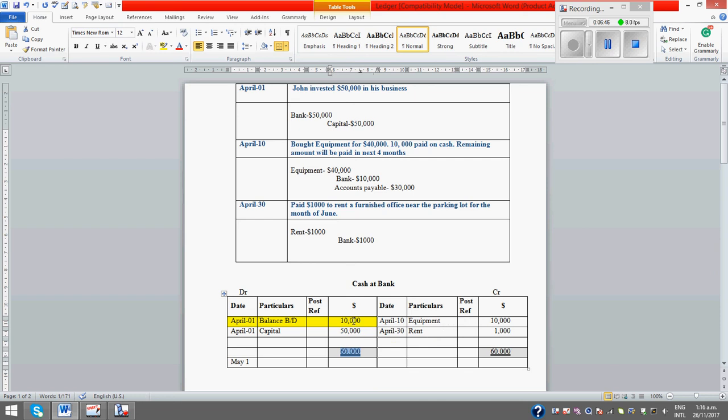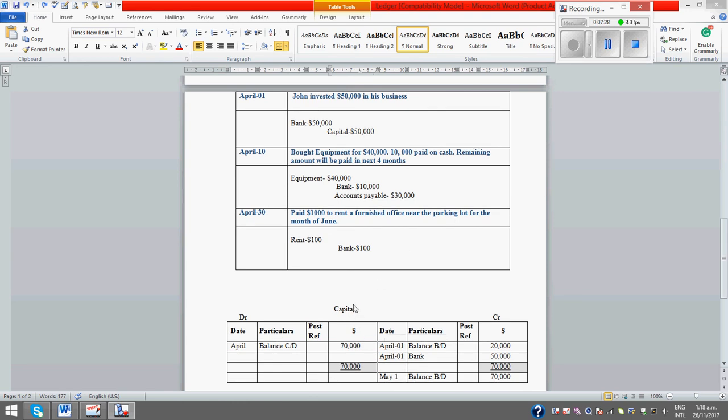So 50,000 plus 10,000 is 60,000, then you just copy to the other side, 60,000. And then the difference would be $49,000, which is on your credit side. This $49,000 would be carried down to the next month. So next month is May. So 1st of May, balance BD, brought down $49,000 from last month. So that balance CD will be the balance BD in the next month.